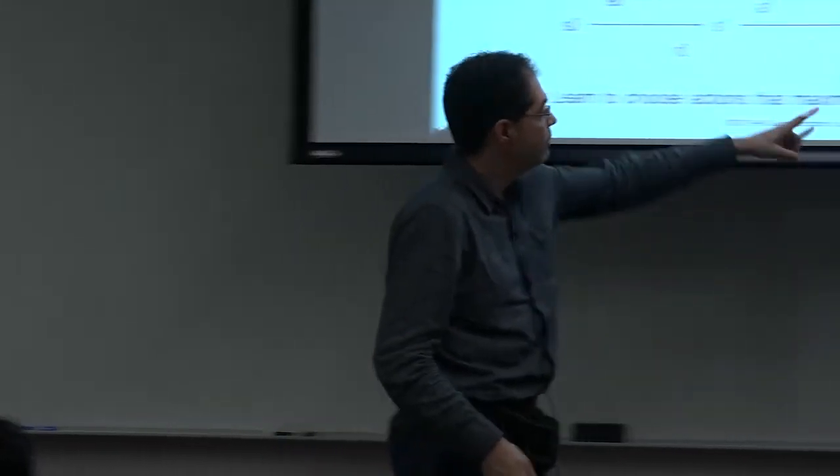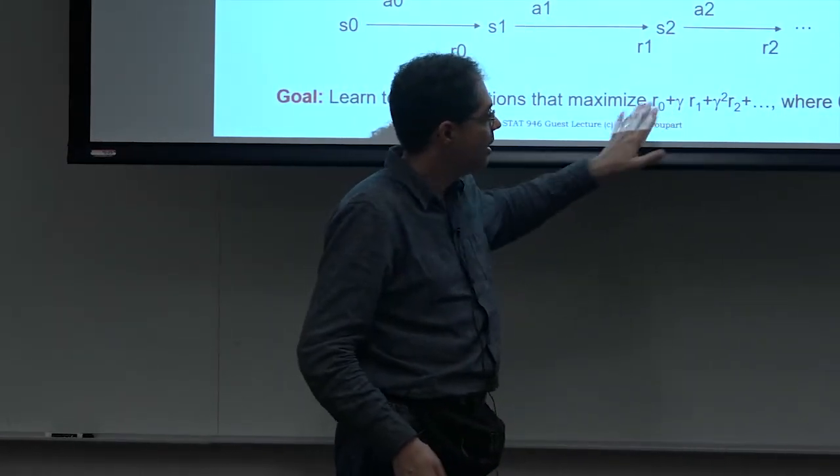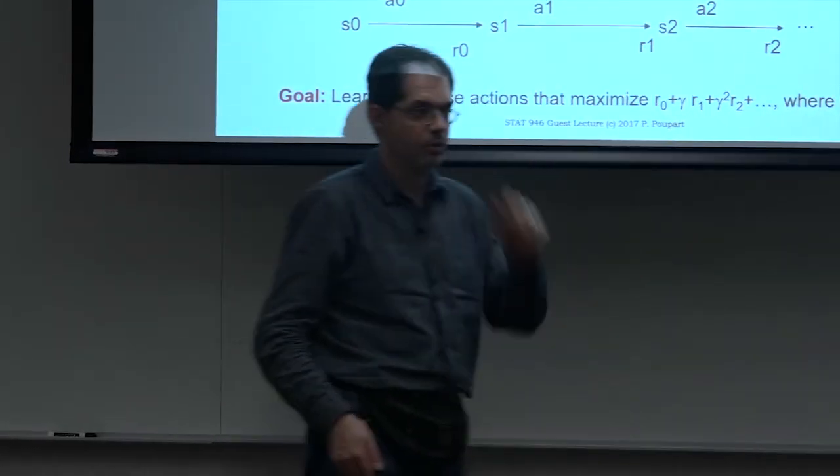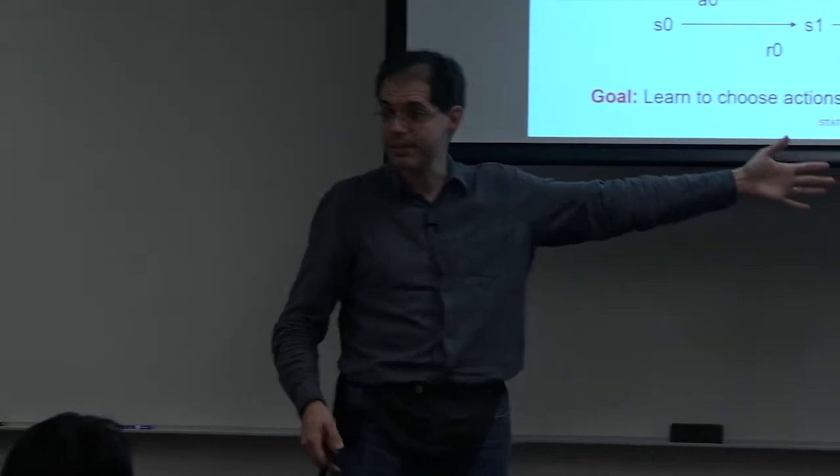But if the discount factor is less than 1, then even though I have an infinite number of terms, this will be a geometric series, and the sum will be finite, which is a nice property.